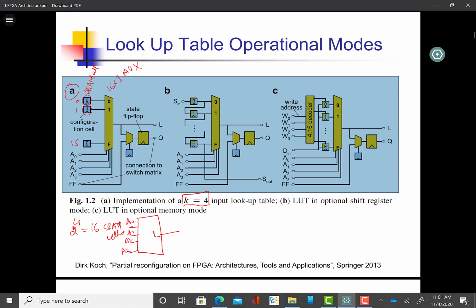Now on the output is some other logic, which is if you want to implement a register or a flip-flop that is connected to the output of your lookup table, you can very easily do it. So if you want the flip-flop to be activated, you just put, for example, in this mux, here the select line is 0 and here the select line is 1.